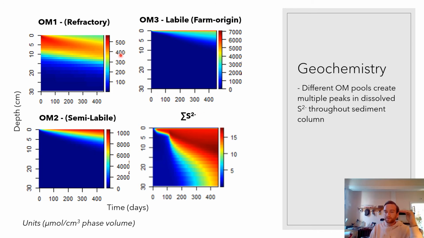So we have these different speeds of breakdown, and this can create different peaks in the amount of dissolved sulfide in the sediment. We could have a peak near the surface, a peak in the middle, and a peak at the bottom, depending on if there's sulfate available to break it down and at what depth the organic matter has gone down. So we need to find a balance between different origins of organic matter and different decay.